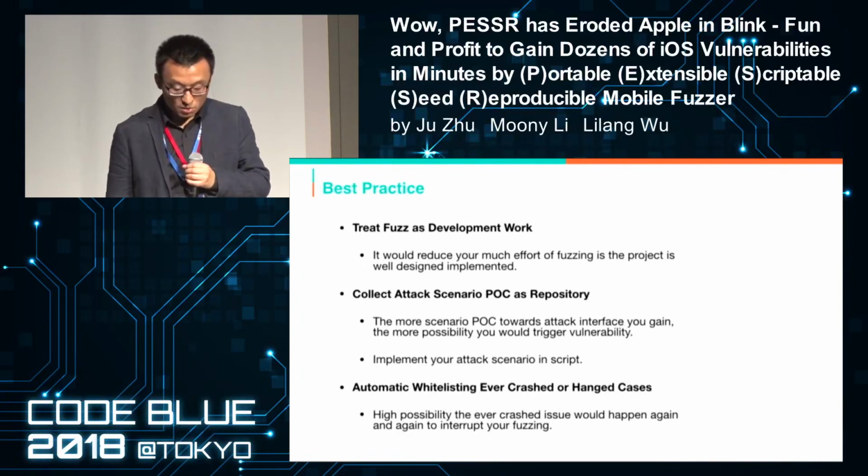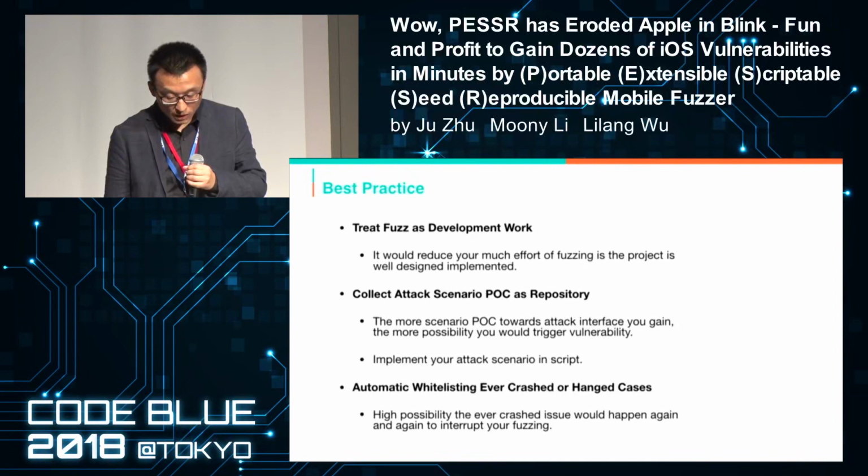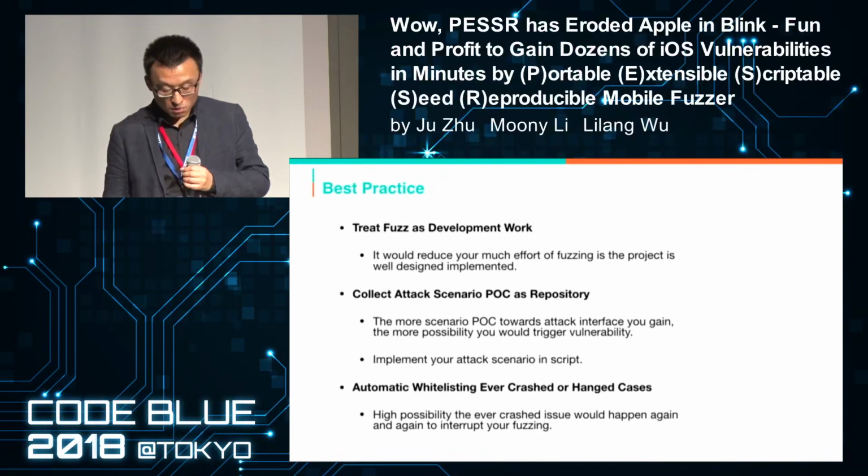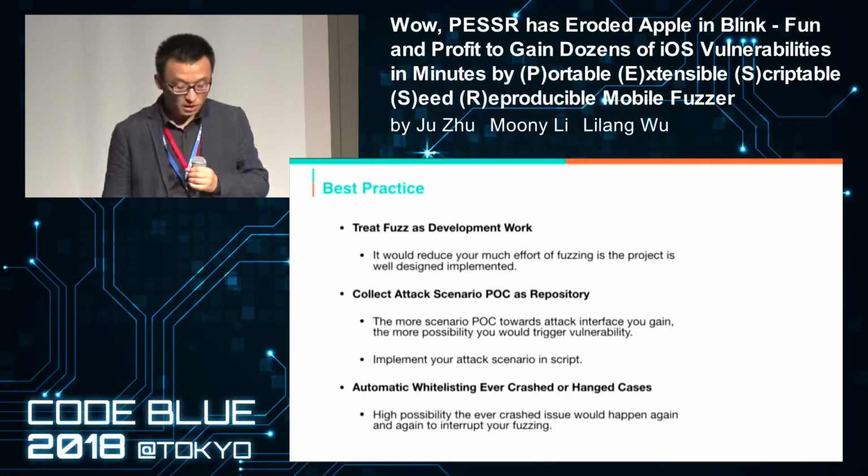Some normal scenario POCs would be complicated and are usually the unit test cases for driver developers, and are beyond the knowledge scope of security research. The more scenario POCs toward the attack interface you gain, the more possibility you have to trigger vulnerabilities.